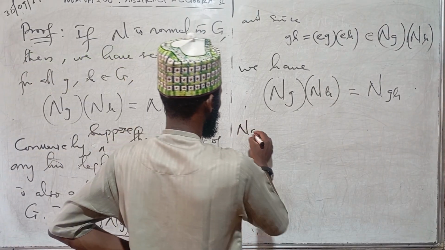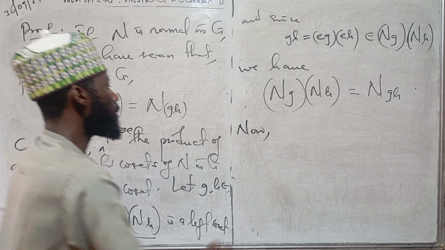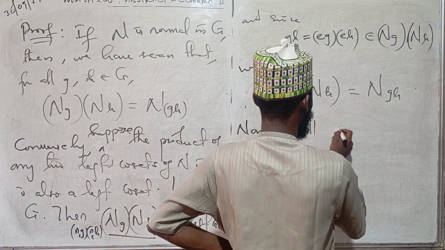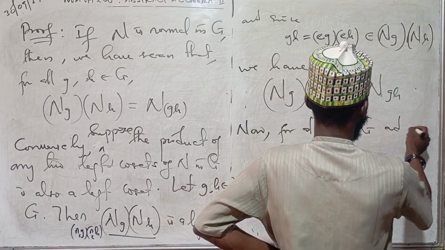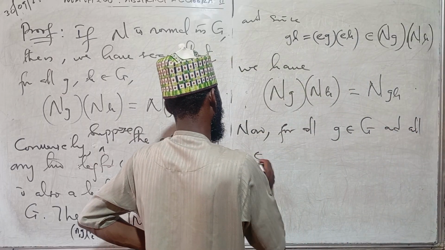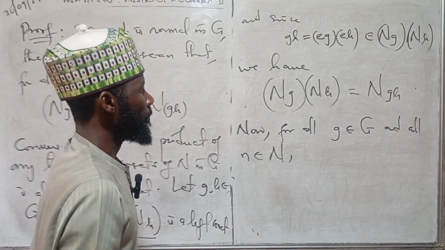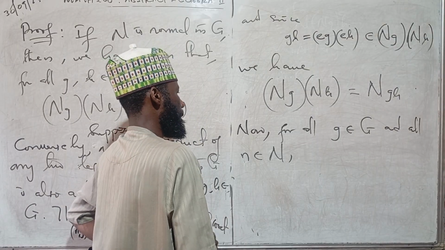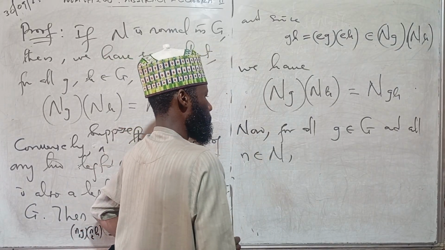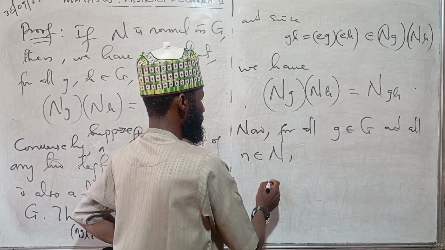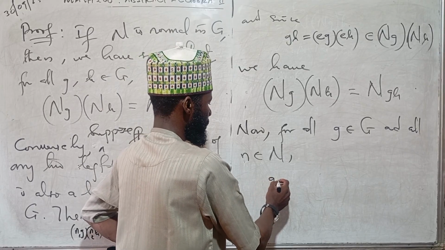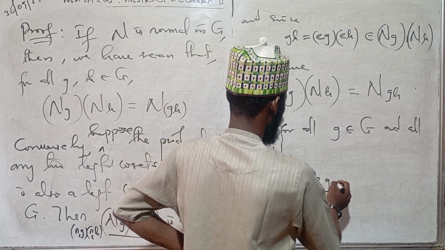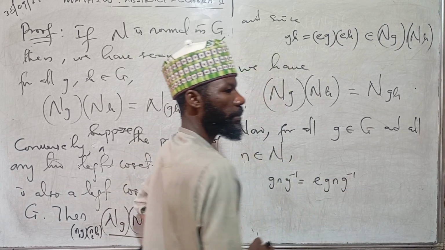And so now, for all g in G and all n in N, we see that g n g inverse can be written as identity times g n g inverse.